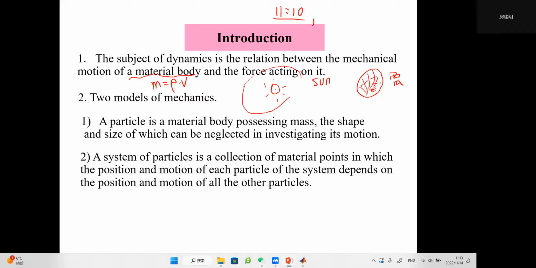So actually, our Earth has an elliptical trajectory. Maybe here is our Earth, right? This is Earth. Every 24 hours, it will rotate around itself one revolution, and every 365 days, it will go along this elliptical orbit around the sun.